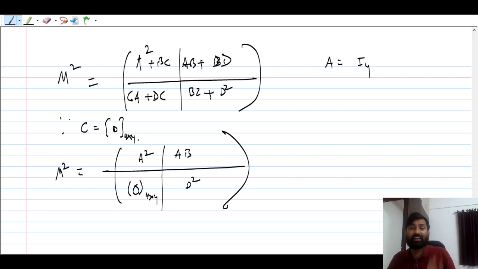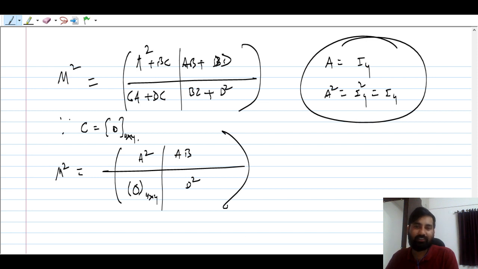If you take a matrix and square this guy, you will get I4 only, guys. I matrix only, of the same order, 4 by 4.